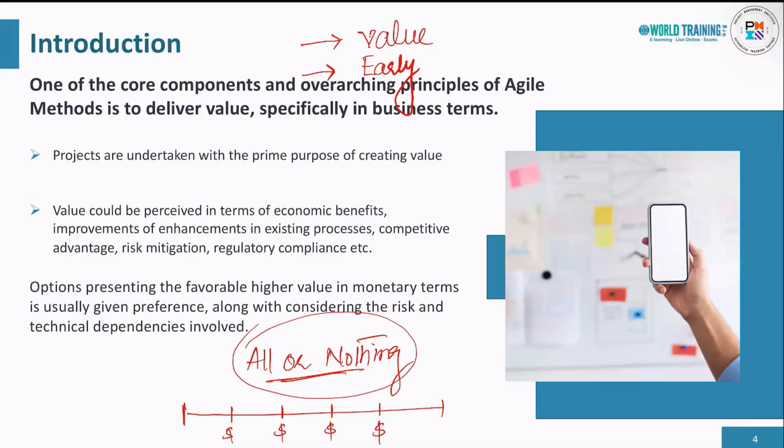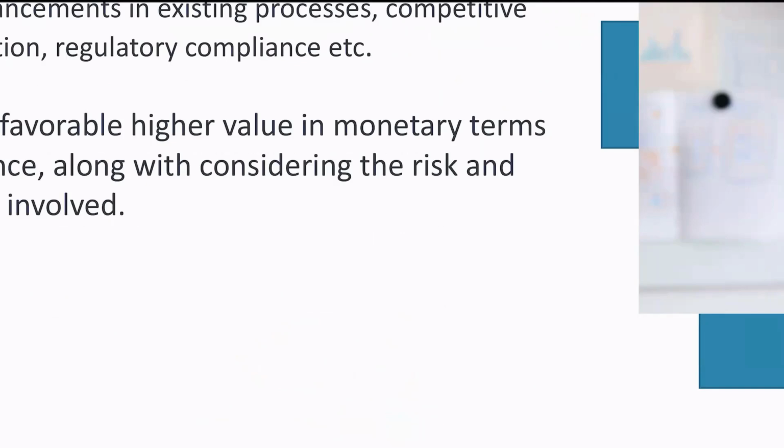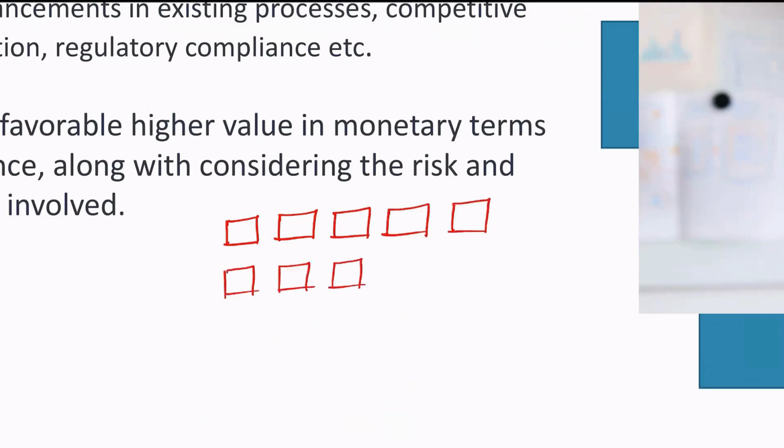In order to deliver value incrementally, we have to prioritize the various value delivery components. For the sake of understanding, suppose a product has various features to deliver, and these boxes represent those features.